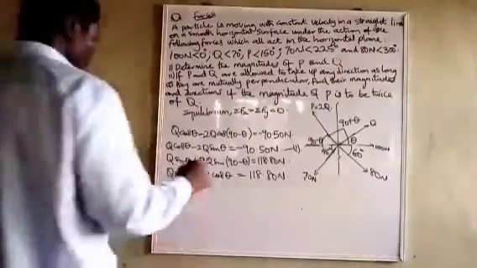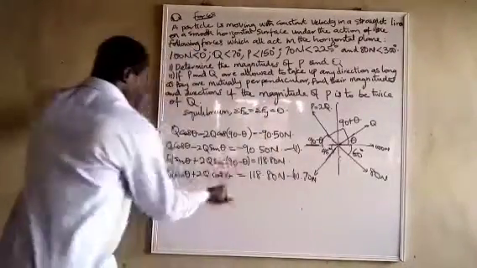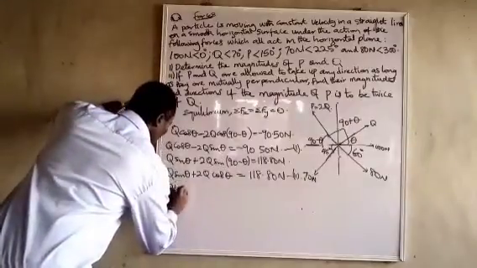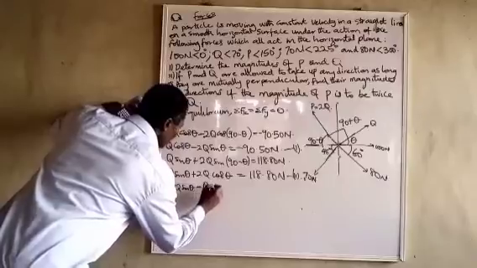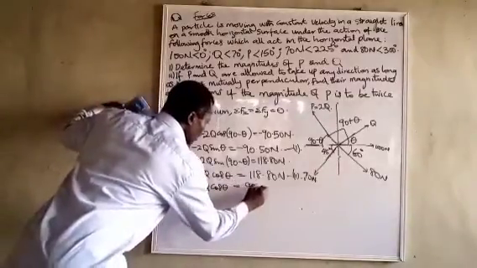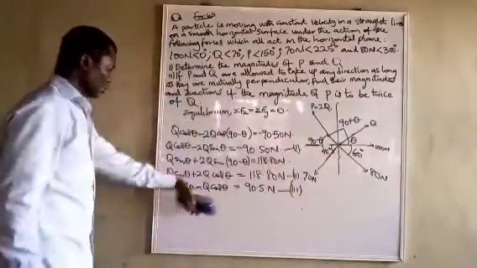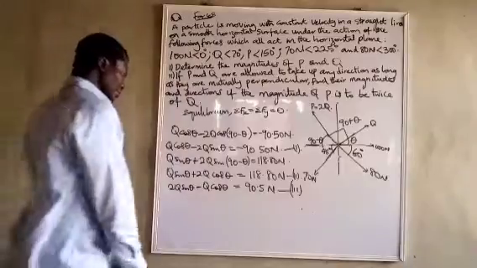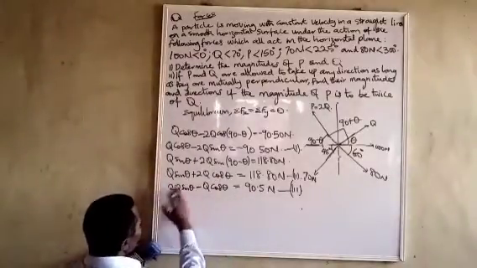So let's make this one 2. Now, to make it positive, let's make this one 2Q sin theta minus Q cos theta is equal to 90.5 Newton. I multiply this one by minus 1, so that everything will be positive. Now, I want to remove Q and some other things.